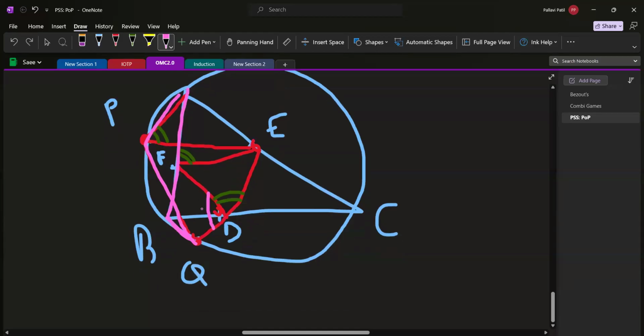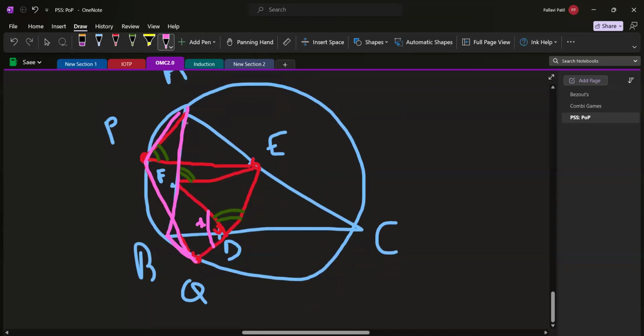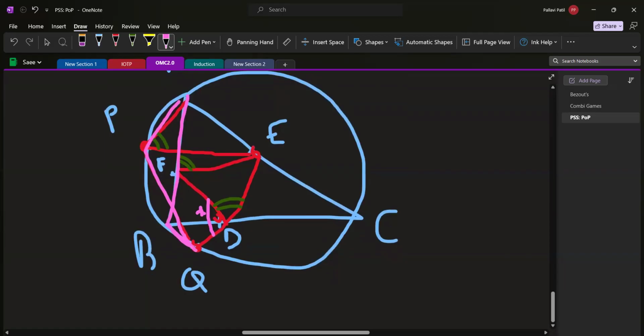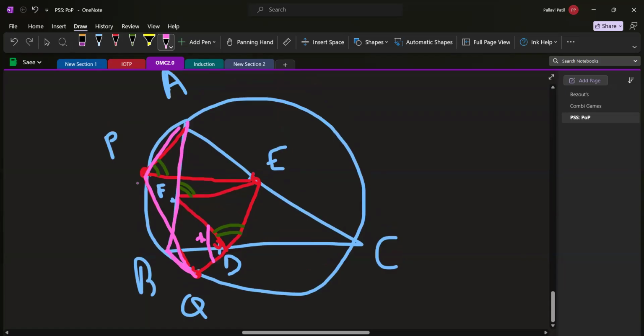So let's call the pink angle X. So QBA is going to be 180 minus X. Similarly, QPA is going to be 180 minus X. And we know this angle, let's say APE is also Y. So compute QPE.